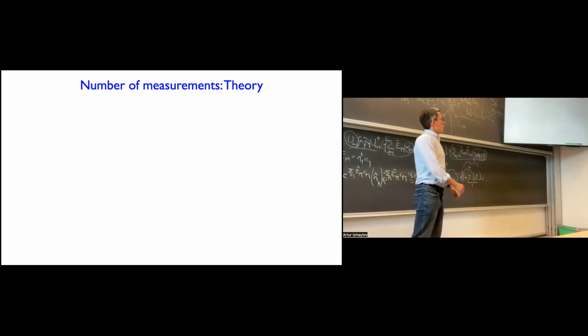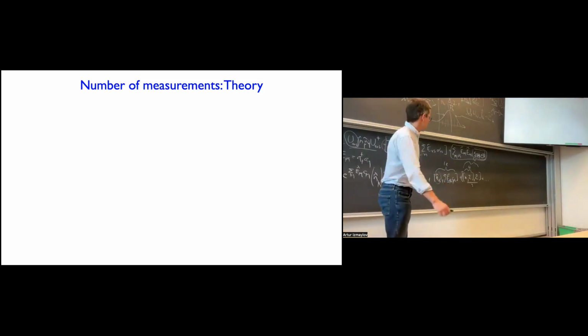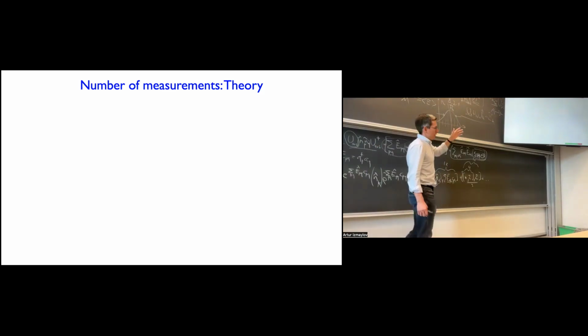All right. So now another important aspect, I guess one of the most important aspects of all this, and we learned this unfortunately the hard way, is the number of measurements. Because after all, the final figure of merit is not so much the number of fragments, but how many times you need to measure.